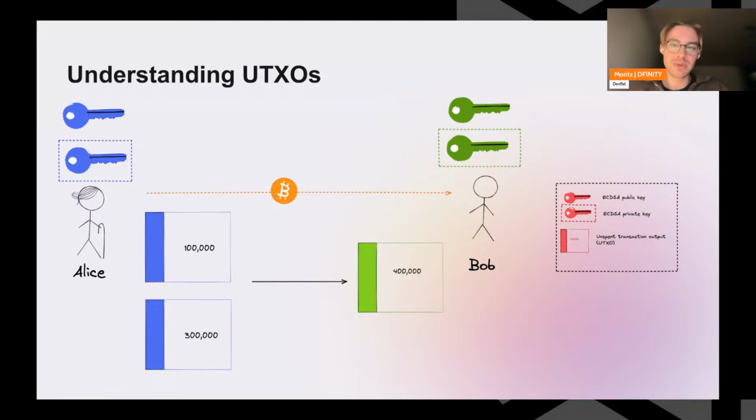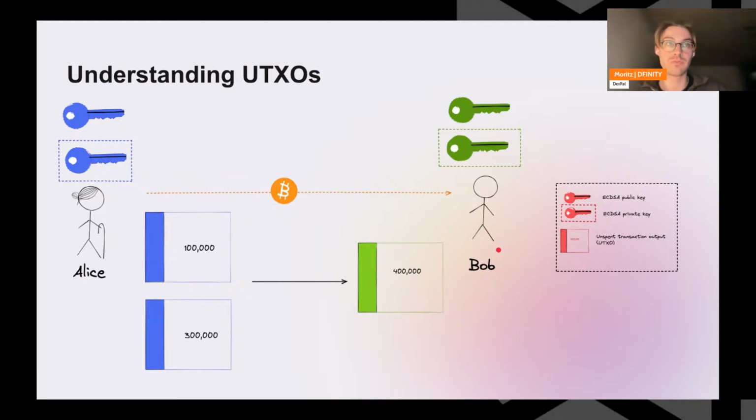All right. Before we dive deeper into the inner workings of the Bitcoin direct integration, I quickly want to explain the concept of a UTXO. As a simple example here, we have on the left-hand side Alice, who wants to send 400K sats over to Bob.